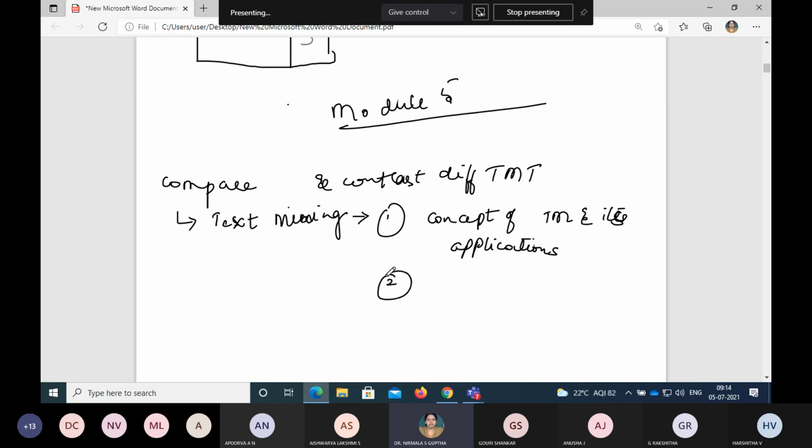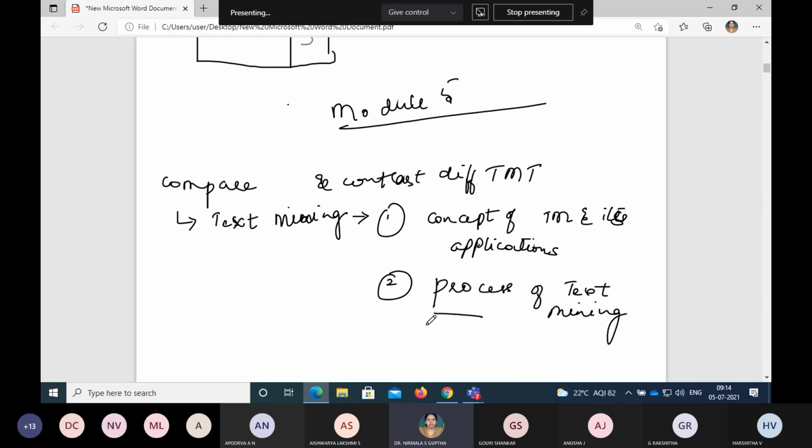The second objective is we need to know the process of text mining, including the concept of the document matrix and how it can be mined.